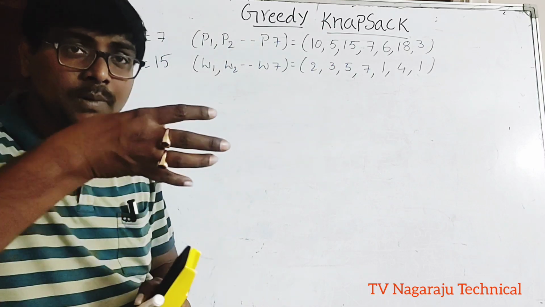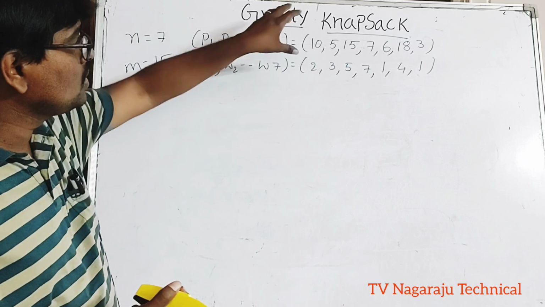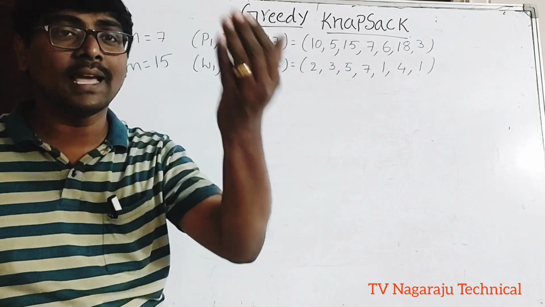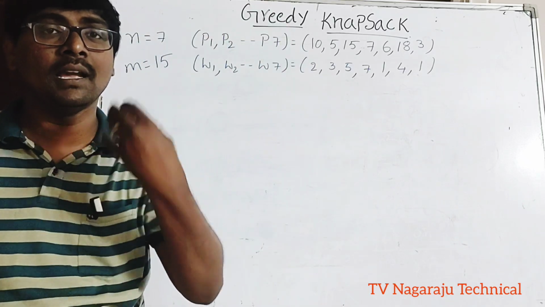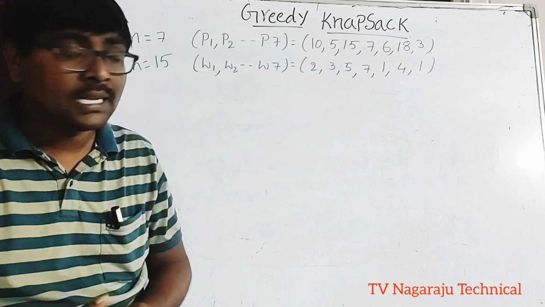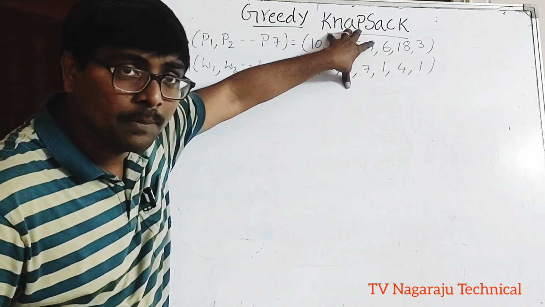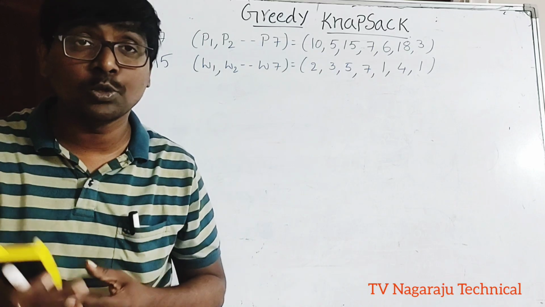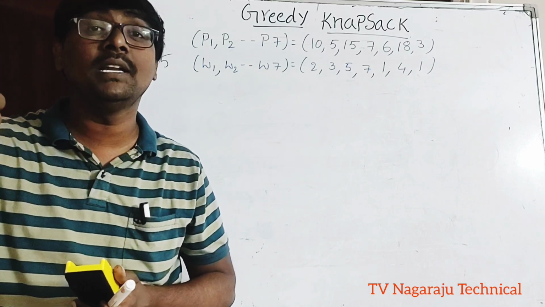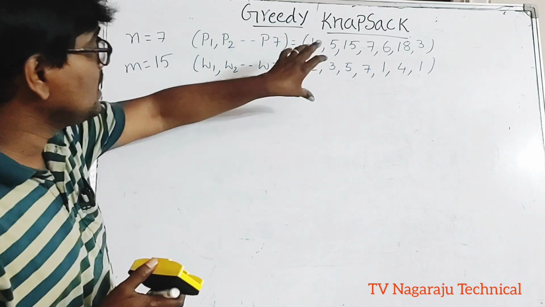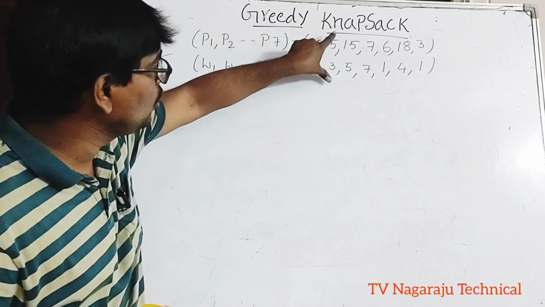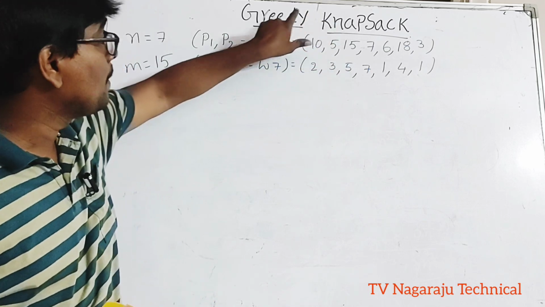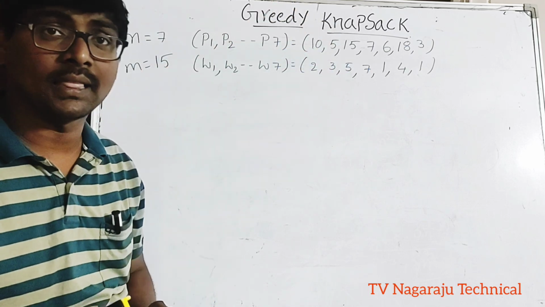Remember, this concept is implemented by using either greedy approach or dynamic programming or backtracking or branch and bound. Here the concept is the knapsack problem, and this same problem is implemented by using different algorithm design techniques. Now in this session we will discuss how to implement the knapsack by using the greedy method.